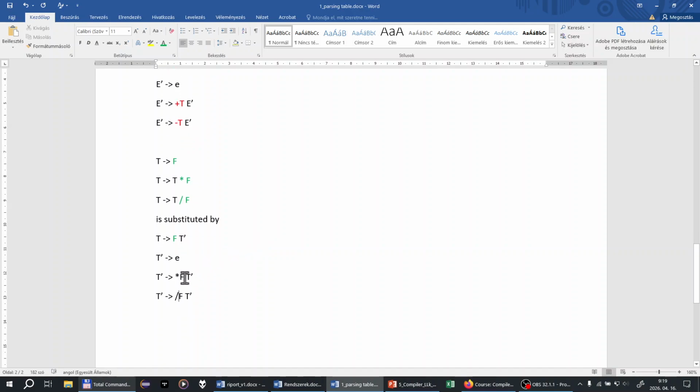Okay, so this is what we have here. This is the repeated part noted by red. So you can find this method written down in the part titled elimination of left recursion.